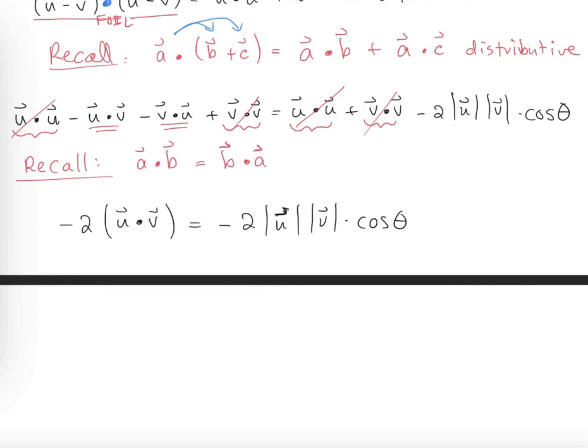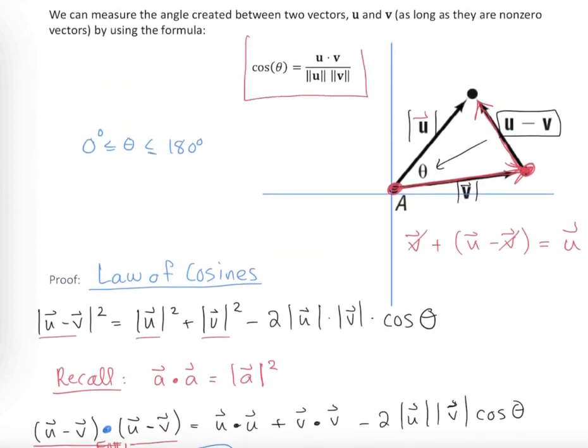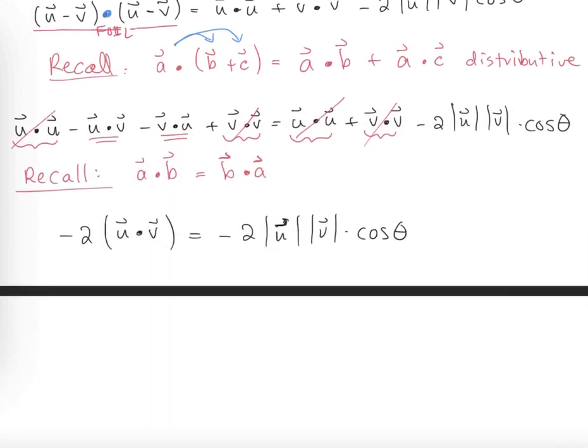Now, the next step, because we're headed towards proving this theorem, is that we're going to want to try to isolate cosine theta. So the first thing let's do is divide off that negative 2, right? We'll get rid of that scalar quantity there. So that cancels. And in order to isolate the cosine, we would also divide both sides by mag u mag v.